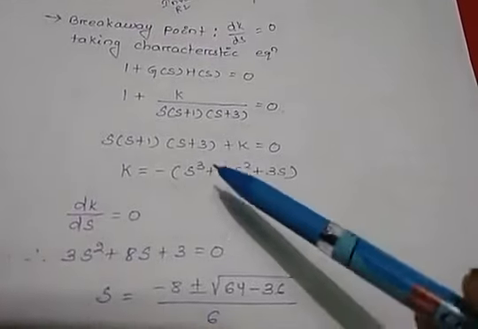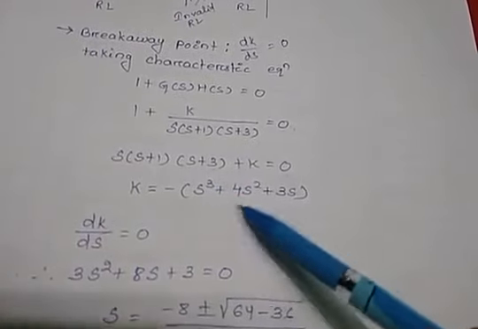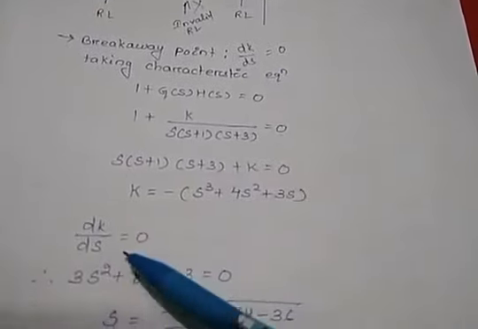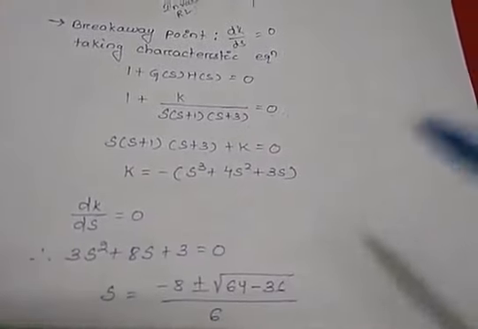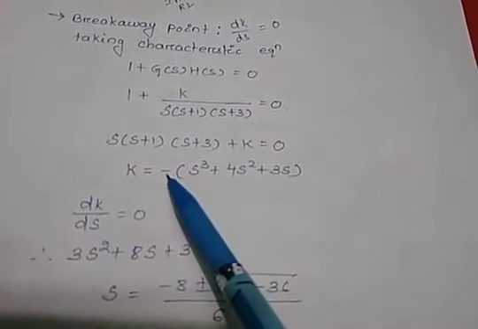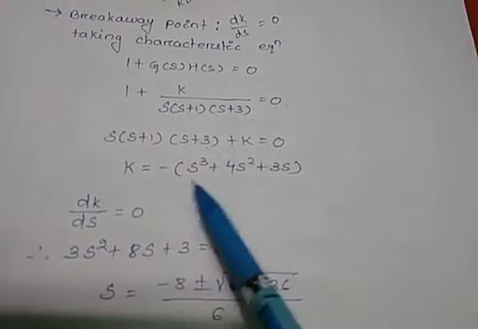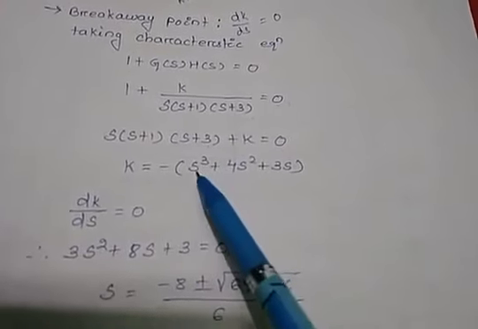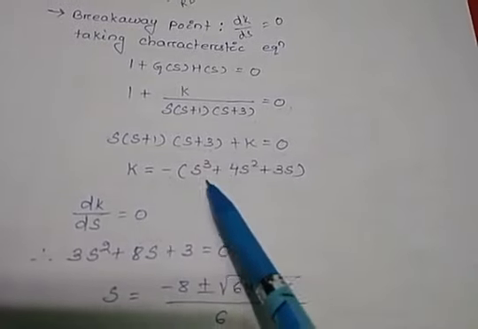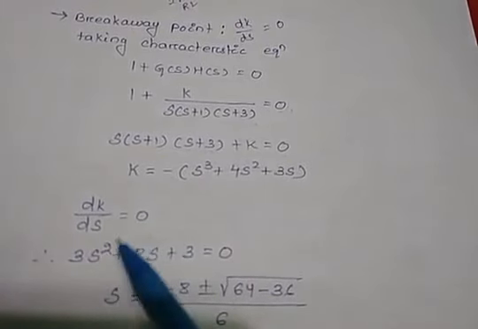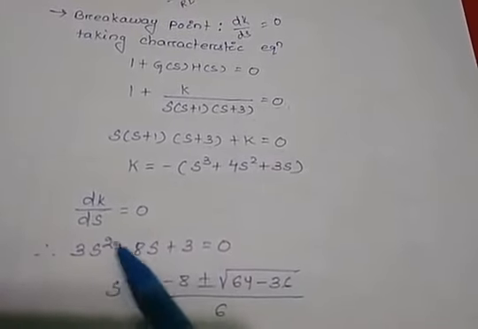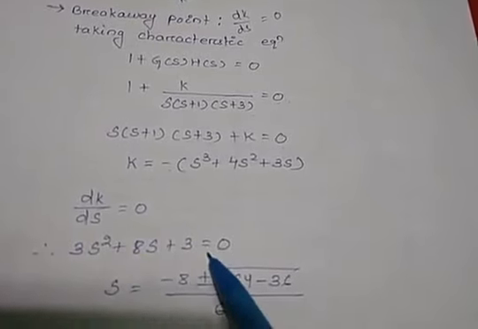Next, as we get the value of k, we can differentiate with respect to s and equate to 0. As the minus term moves to the right hand side, the total term will be positive, and taking the differentiation, we get 3s square plus 8s plus 3.